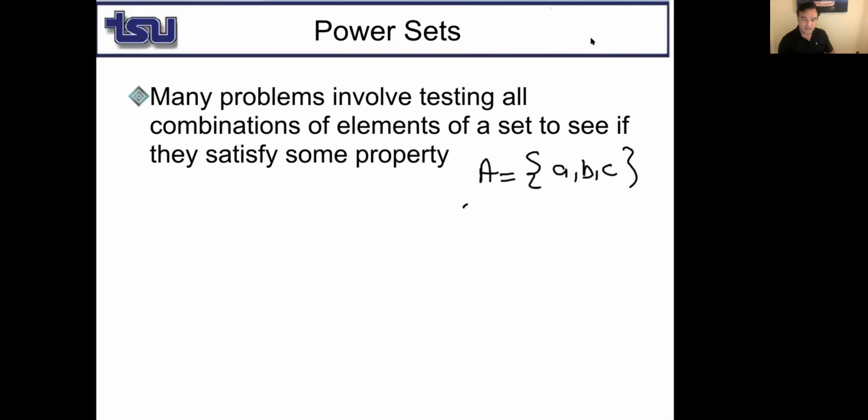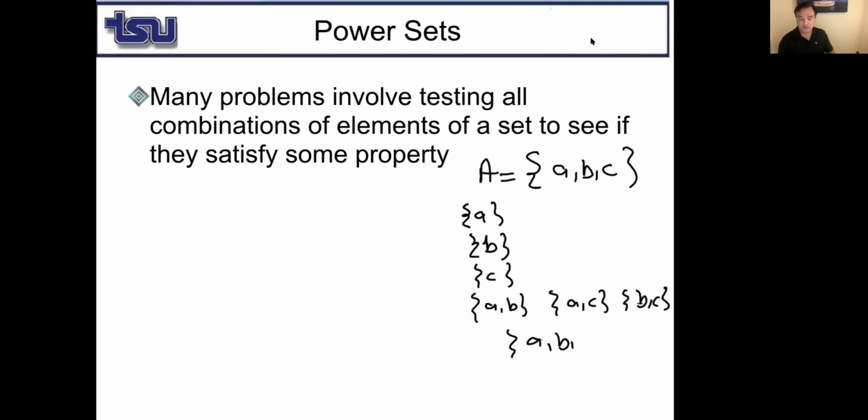Maybe I want only the first element a, or the second element b, or the third element c, or I want to take ab, and maybe ac, or bc, or maybe I want all of it, abc, or maybe I don't want any one of them. Basically like this.